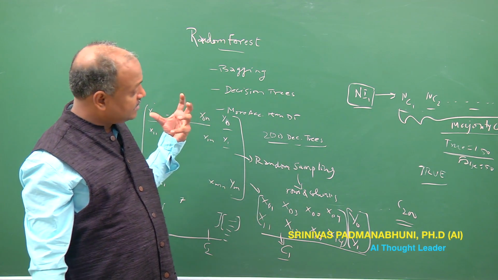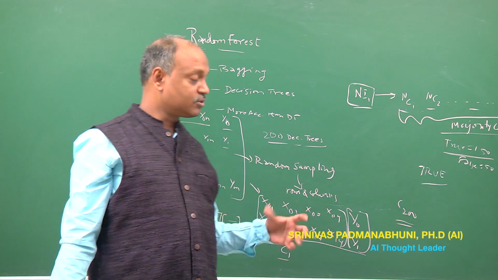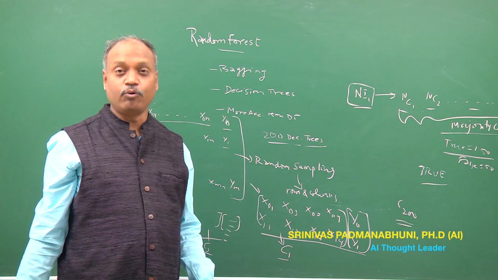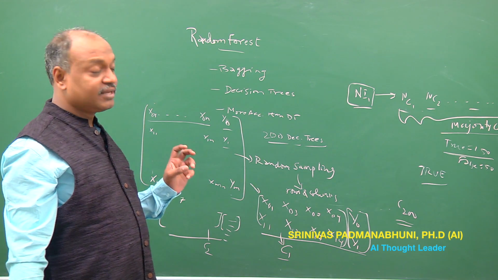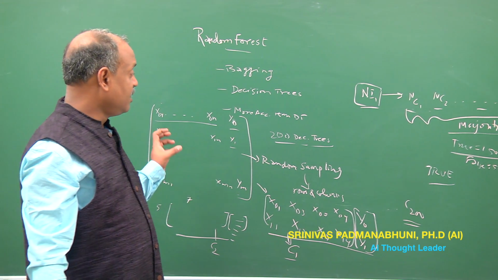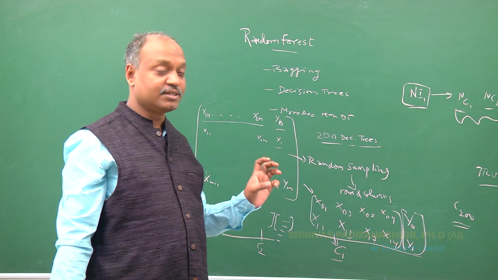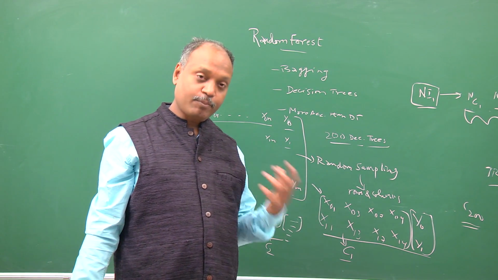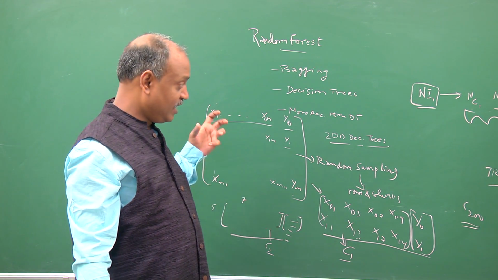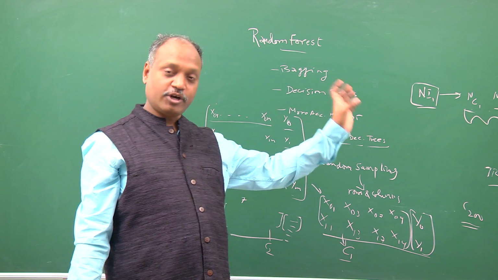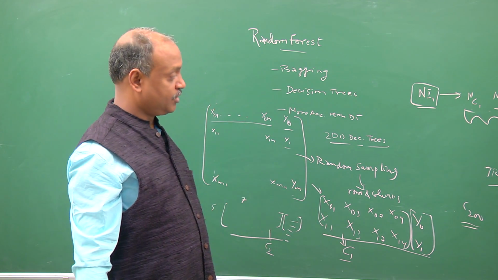The beauty of random forest is that it gives a much more accurate result because of the averaging effect across the overall input space. Another thing is it reduces the variance, meaning different inputs giving different results, which it tries to avoid. That is one of the big problems in decision trees, because they are very tightly tied to the choice of the input data on which you form your decision tree.